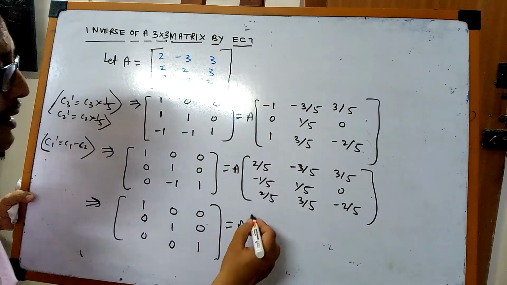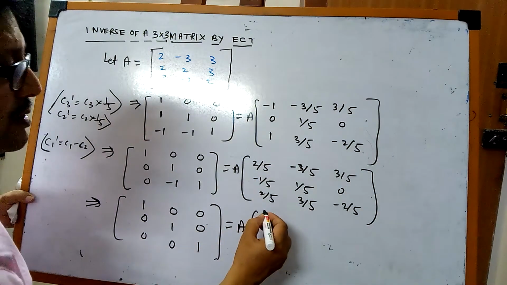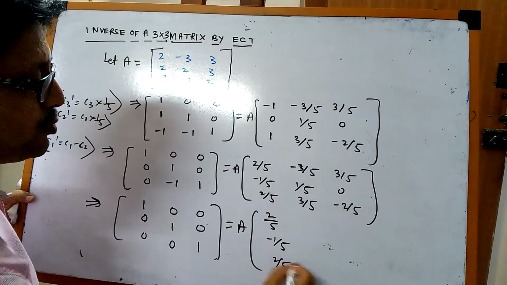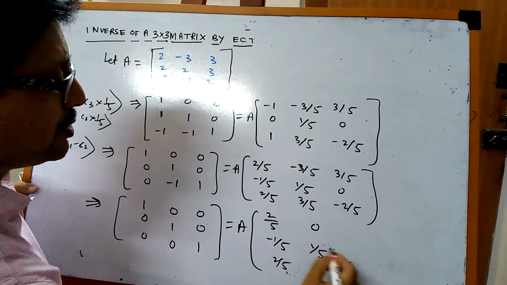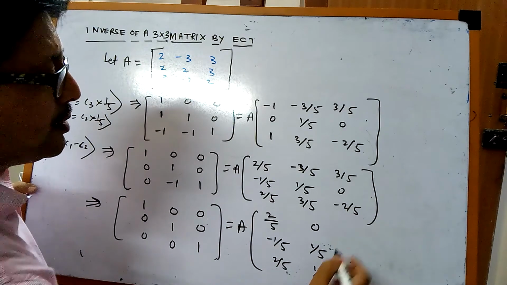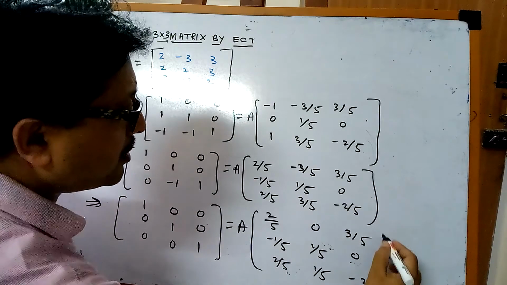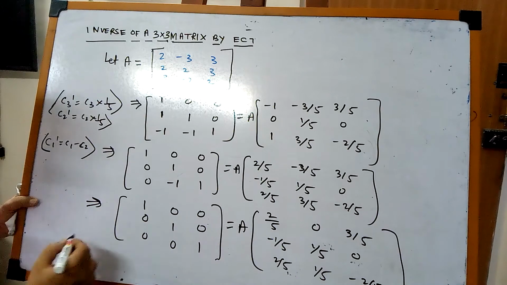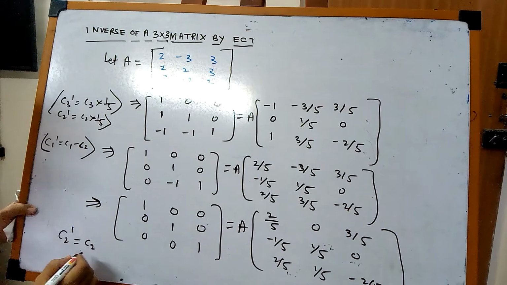This is A into, adding elements of this to this: 2 by 5, minus 1 by 5, 2 by 5, 0, 1 by 5, 3 by 5, 0, minus 2 by 5. So what I did there, I am writing finally C2' = C2 + C3.